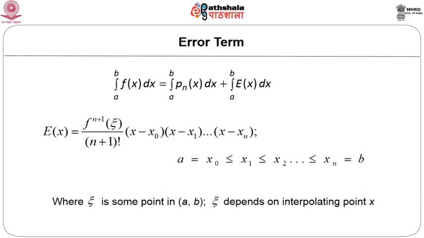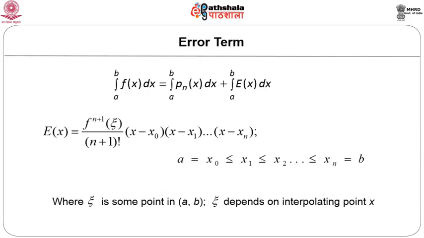That is the product of (x minus xi), i runs from 0 to n, upon (n+1) factorial, multiplied by the (n+1)th derivative of f at some point xi. This point xi is not known to us, but what we know about the point xi is that it lies within the interval (a, b).